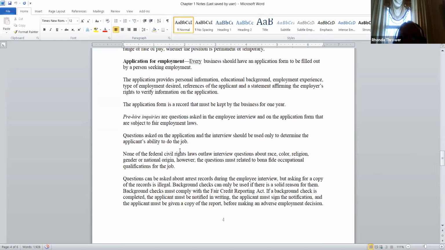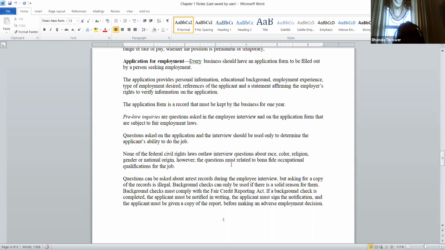And so you can ask questions of your applicants, but you have to be careful not to ask questions that would be considered to be discrimination against the applicant. I think it's important that we should note that none of the federal civil laws outlaw interview questions about race, color, religion, gender, or national origin.